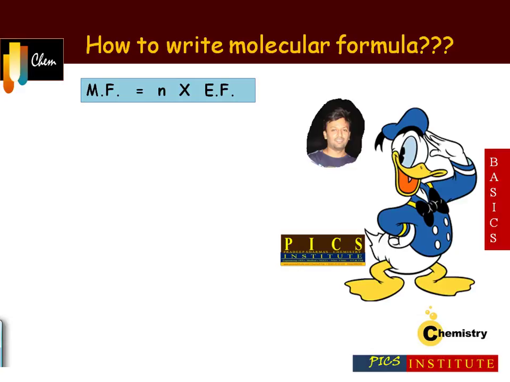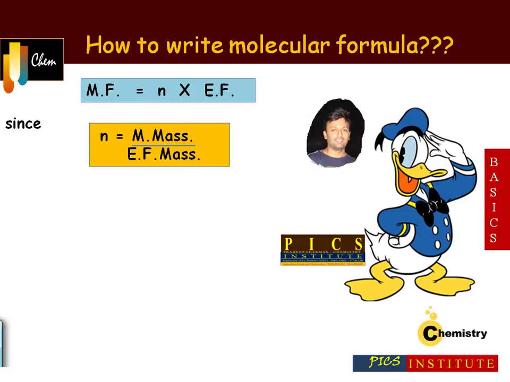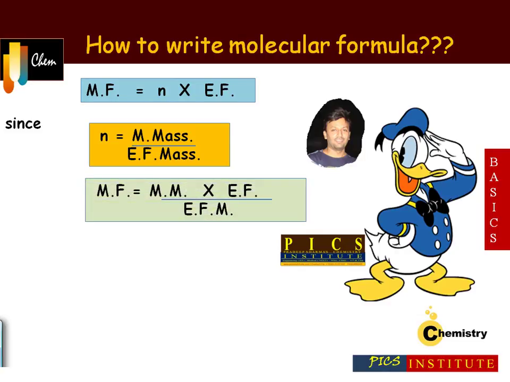The value of N here is equal to molecular mass upon empirical formula mass. So if we put the value of N in the above equation, our new equation will be molecular formula is equal to molecular mass divided by empirical formula mass into empirical formula.